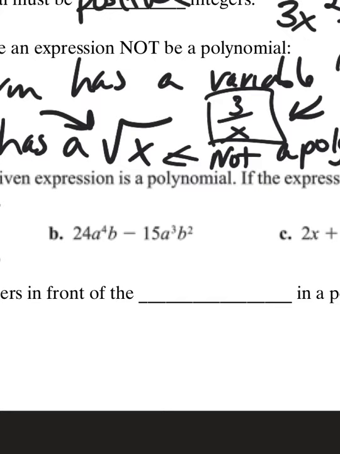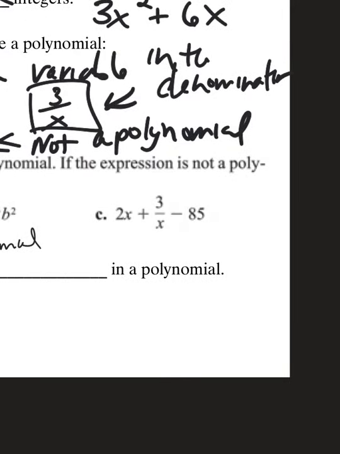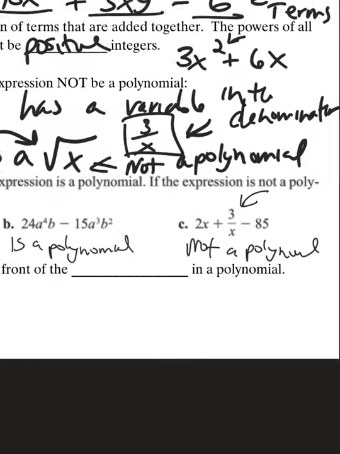One of the things I'm looking for is to see if there is a radical symbol that has a variable underneath it, or if there's a fraction that has a variable on the bottom. This is a polynomial because neither of those 2 cases are happening. Looks great. C, not a polynomial, and that's because if you look at this second term, there is a variable under the fraction symbol.